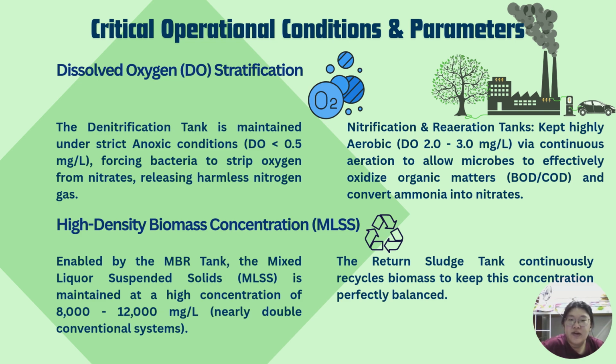Meanwhile, the nitrification reaction tanks are kept highly aerobic with a DO of 2 to 3 mg per liter via continuous aeration to allow the microbes to effectively oxidize organic matter like BOD and COD and convert the ammonia into nitrates. Carefully maintaining this strict contrast between the oxygen-rich and oxygen-starved zones is the absolute key to completely removing the complex nitrogen pollution from the water.